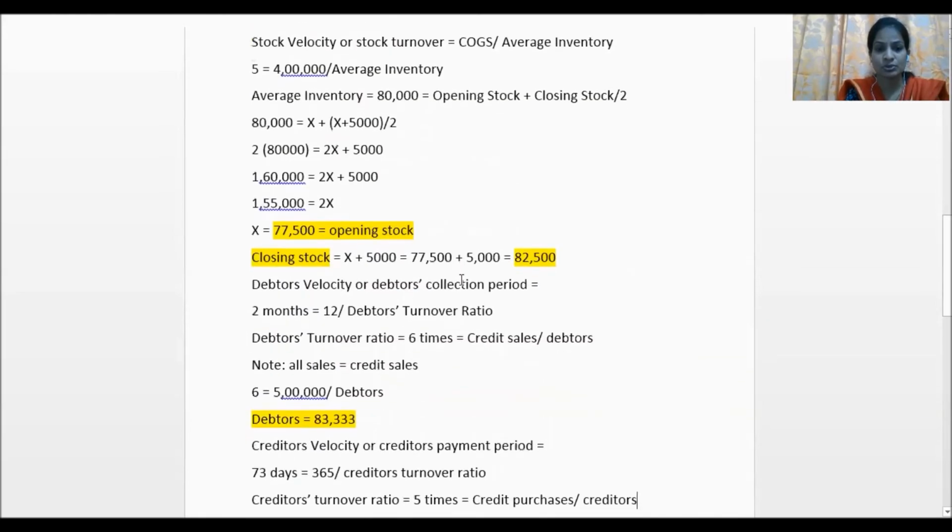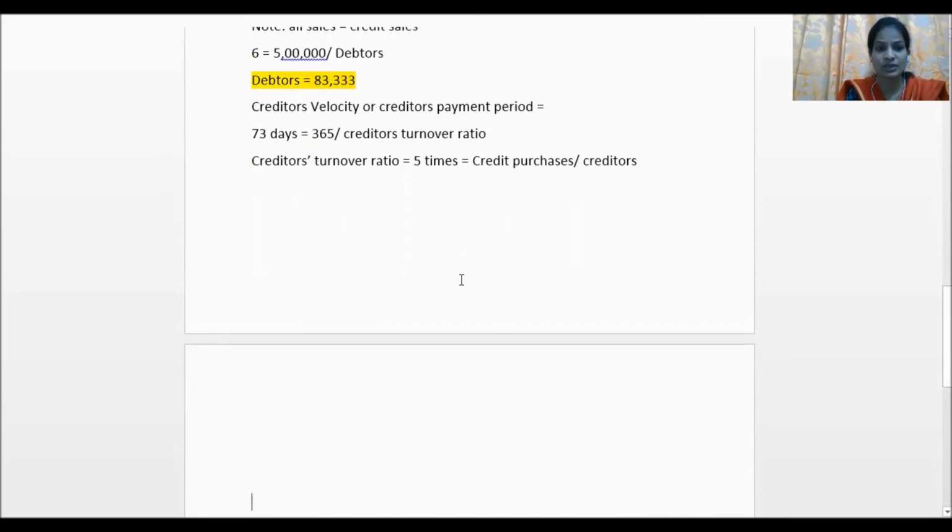To calculate the purchases, we are going to prepare an equation. If you remember the trading account format, debit side equals credit side. So opening stock plus purchases on the debit side plus the balancing amount, gross profit, and on the credit side you have sales and closing stock.